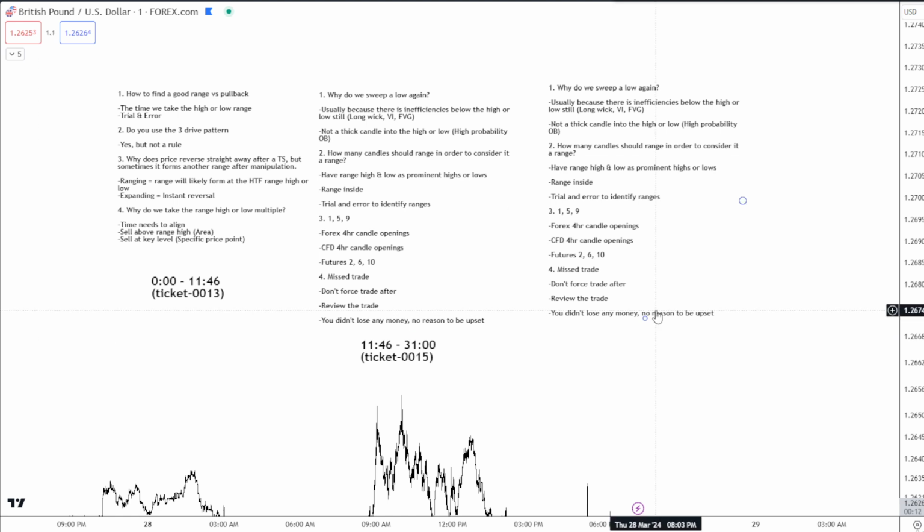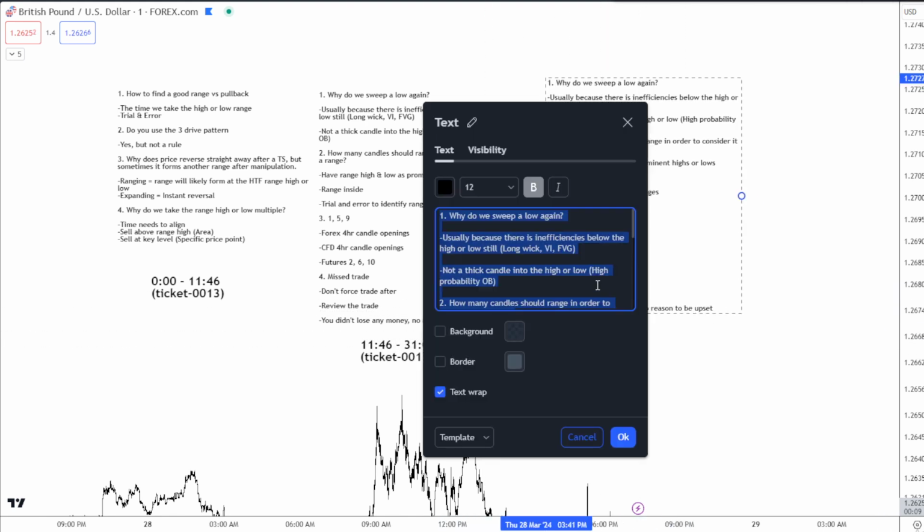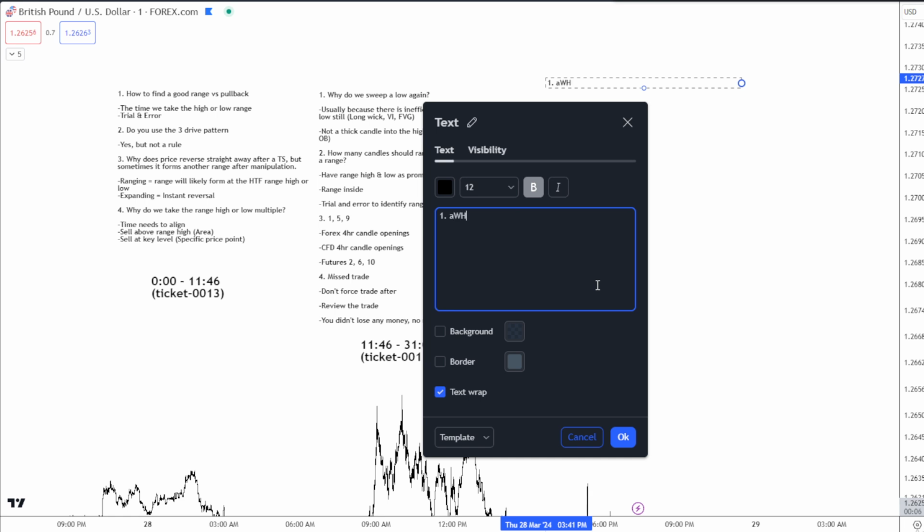You just want to look for candles that range inside of the range, basically, like a range. What ranges are good?